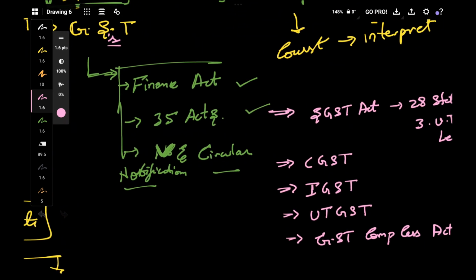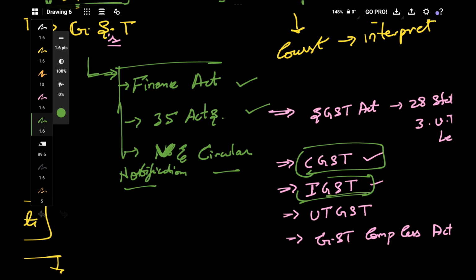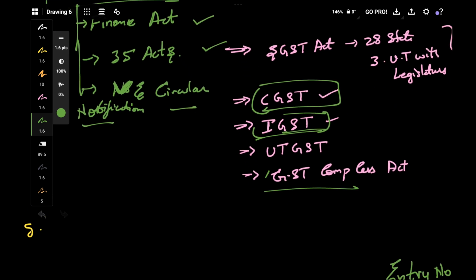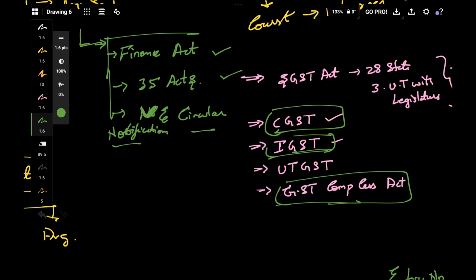We have to learn mostly the CGST provisions, with a little bit of IGST provisions here and there. State GST will not be asked in the exam. Only CGST section numbers will be asked in the exam, along with CGST provisions and a little bit of IGST. GST Compensation is also important, a simple topic we'll learn about.